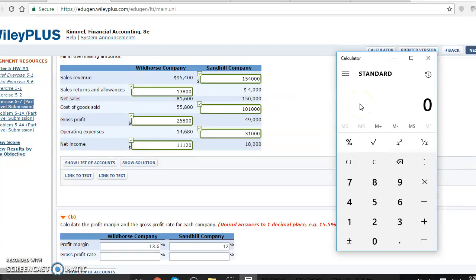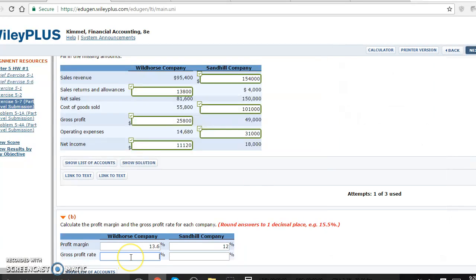This is going to give us a percentage, and this is going to be 81,600 minus the cost of goods sold, which is 55,800, and we divide this by the net sales again, which is 81,600, and this gives us a total of 31.6%.